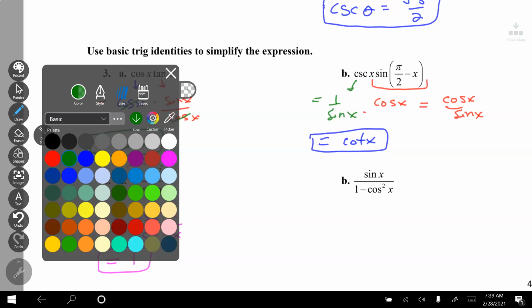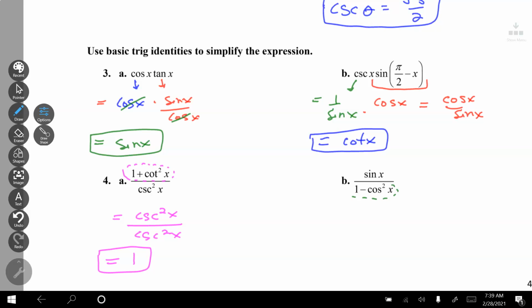And then finally, I see this, so I could rewrite this as sine of x, and 1 over cosine squared off of that summary sheet is sine squared of x. Well, going back to algebra 1, something over something squared is going to be 1 over something. So this turns out to be 1 over sine of x, and 1 over sine is really equal to cosecant of x.